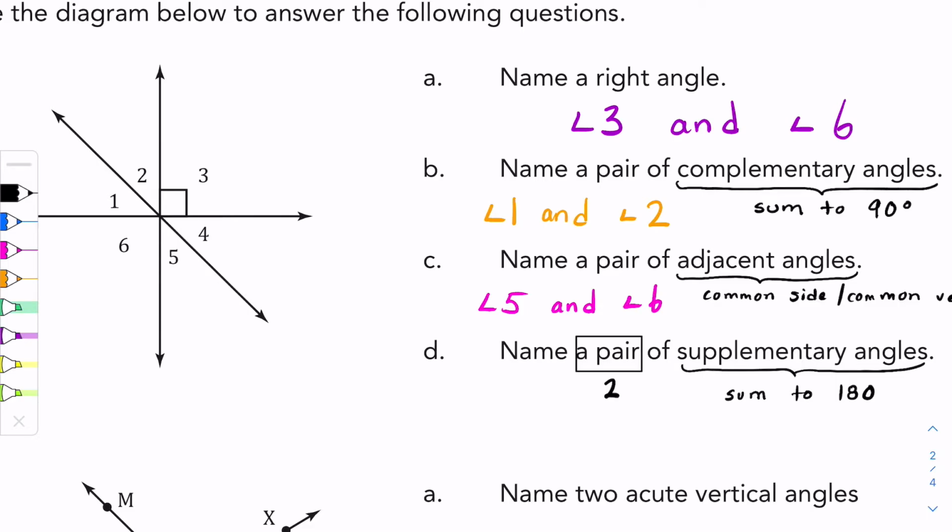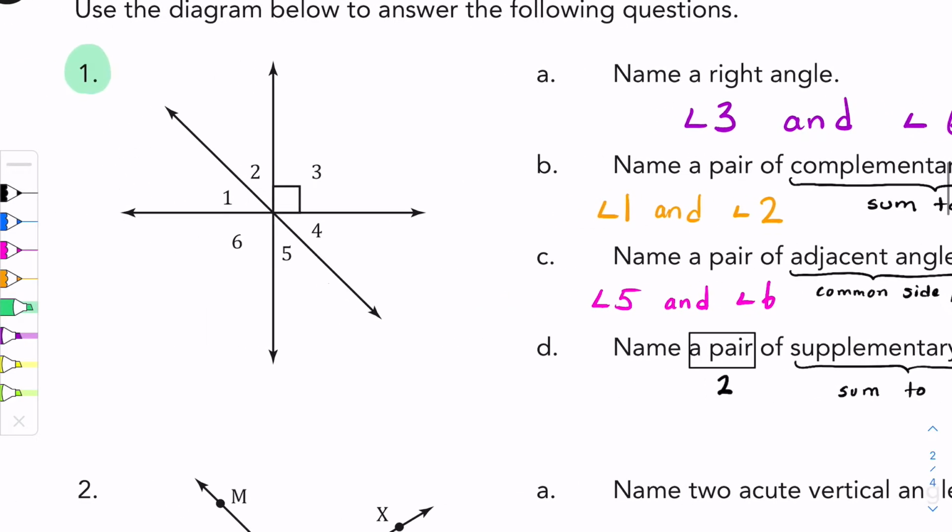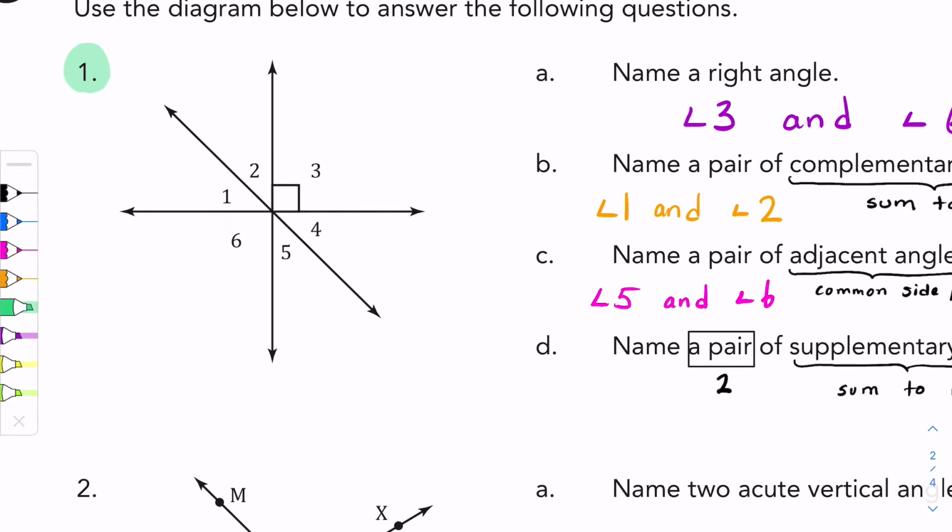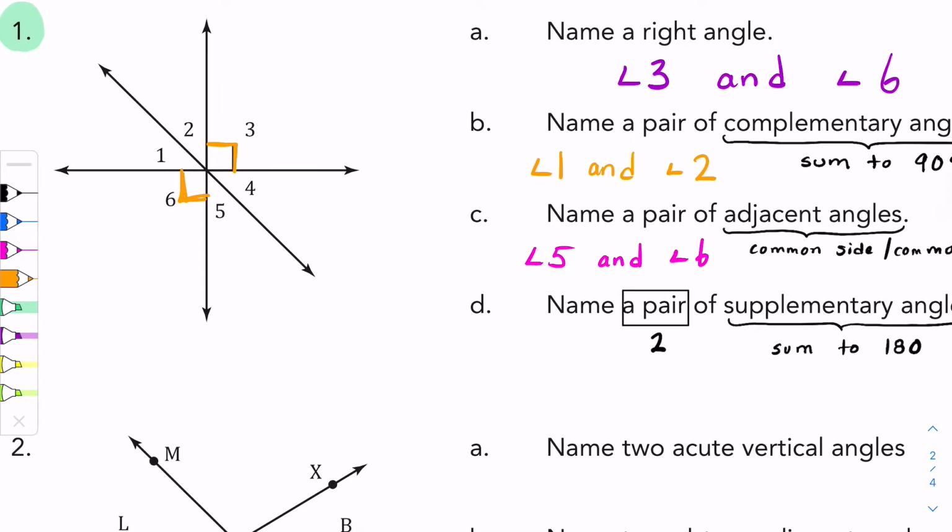The only two angles here that are going to add up to 180 degrees would be angle 3 with its right angle, and also angle 6. The other angles are too small, and you would have to use more than two. So we are only looking at angle 3 and angle 6 as an answer for part D.